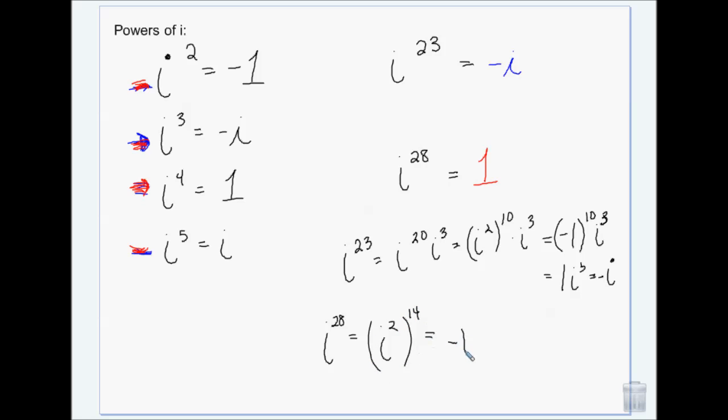So that's -1 to the 14th, so it's -1 to an even power, so that's +1. So again, you can either count it through the pattern, or you can break it down using properties of exponents. Questions?